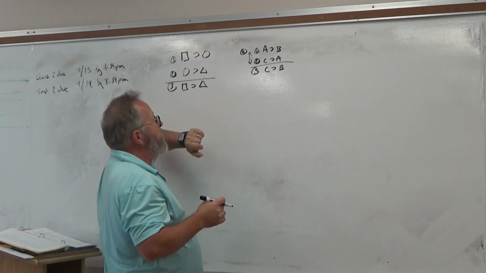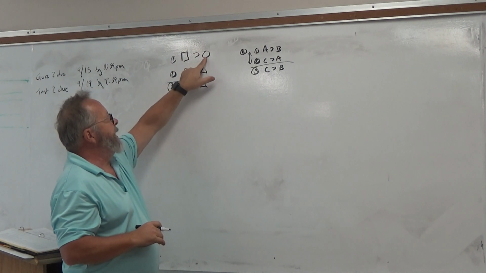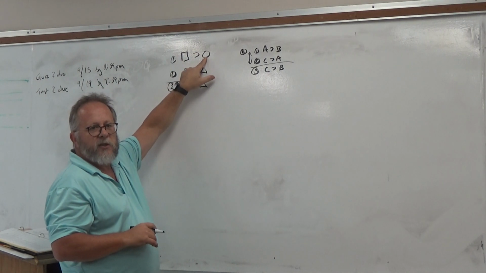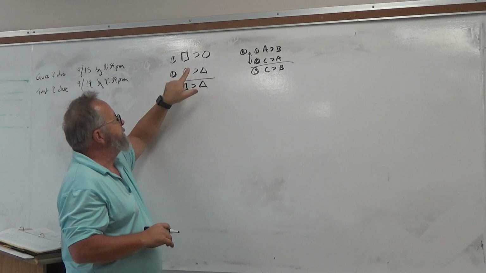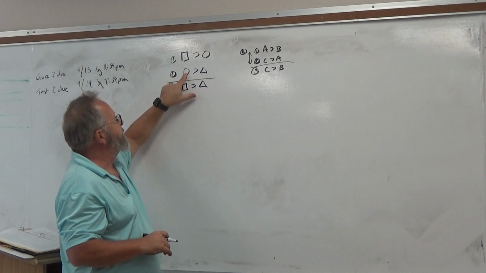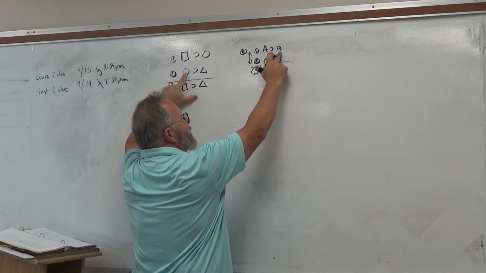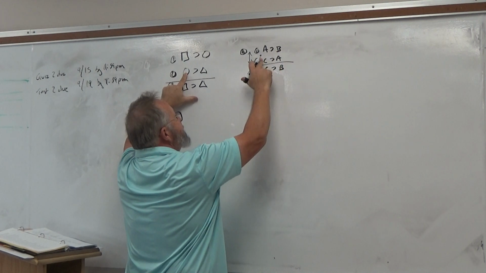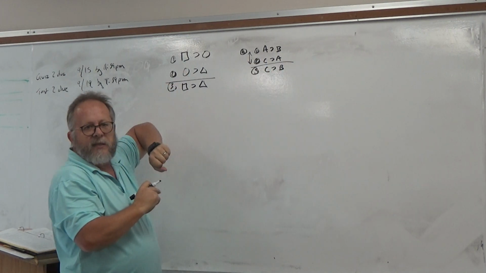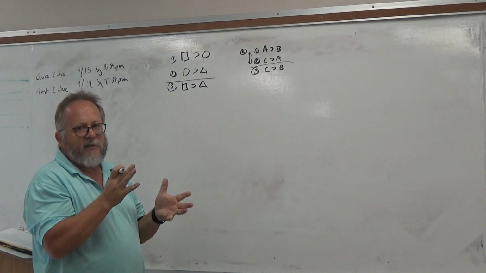So far so good, but here's a conditional, and the consequent of the first conditional matches the antecedent of the next, okay? And in the order that I have, A then B, this B does not match that C. Does everybody understand that?